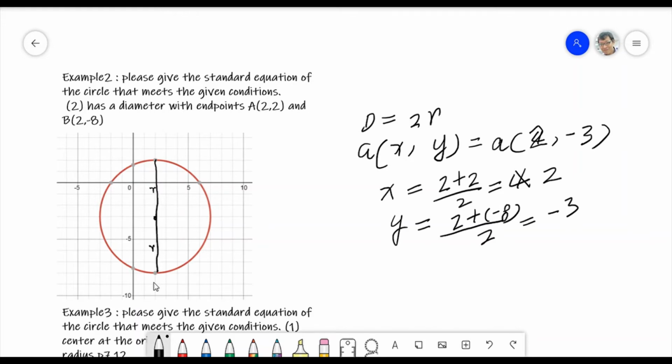Since we already know the coordinates of the two points A and B of the diameter, we can easily calculate it, right?